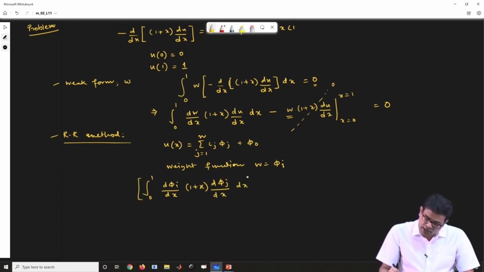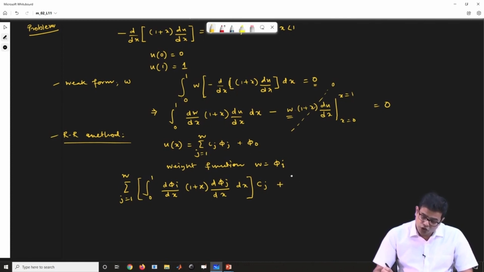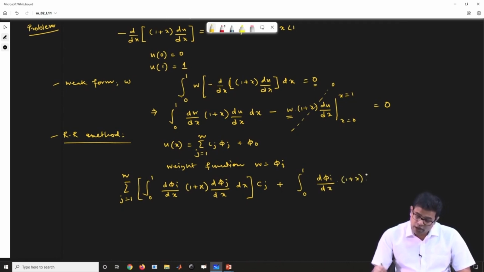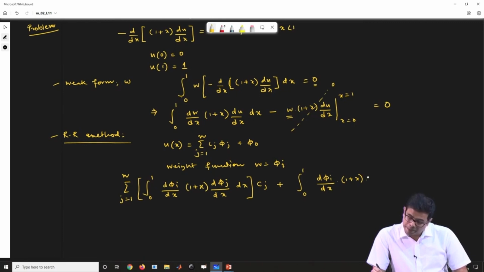This quantity is multiplied by Cj, summed over j equals 1 to n, and then I will have another term due to phi 0, which is essentially the integral 0 to 1 of d phi i/dx into (1 plus x) into the derivative of phi 0.